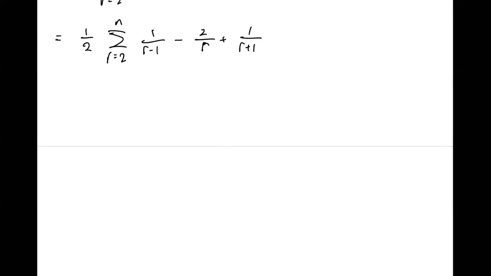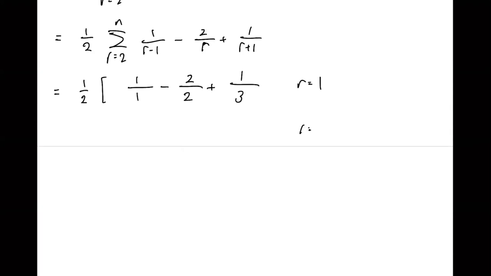You don't need to use any special identities, just manually substitute. So don't forget the half in front and square bracket, sub in, r equals to, take note, we don't start from 1, we start from 2. So it's 1 over 2 minus 1, which is 1, minus 2 over 2, plus 1 over 2 plus 1, which is a 3. Yeah, this is r equals to 1.